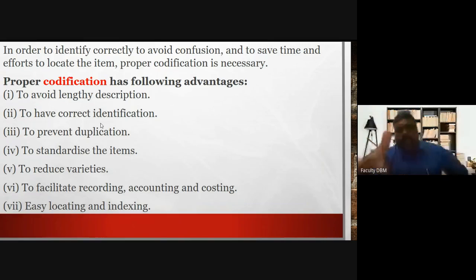Even if you visit any supermarket or hypermarket, they use a barcode reader. Just by showing the barcode reader, the system converts it from some code like RT20 or RT550 into the item name, and you get the quantity, unit price, and the total. So that is the barcode reader.